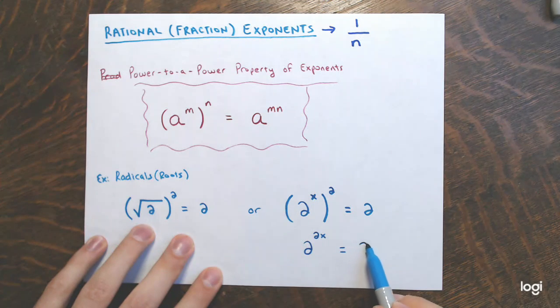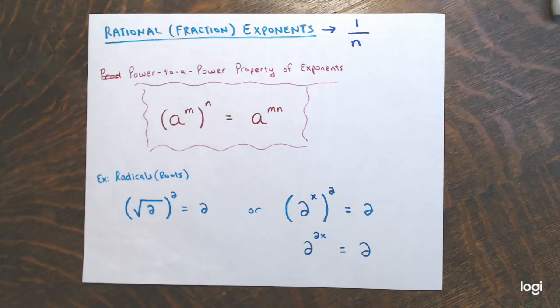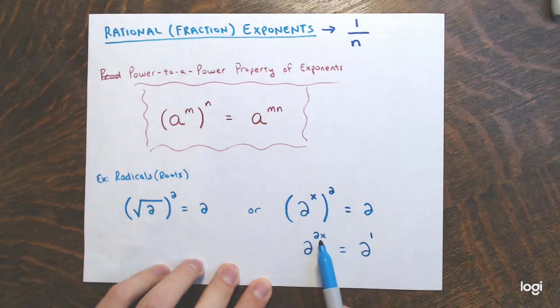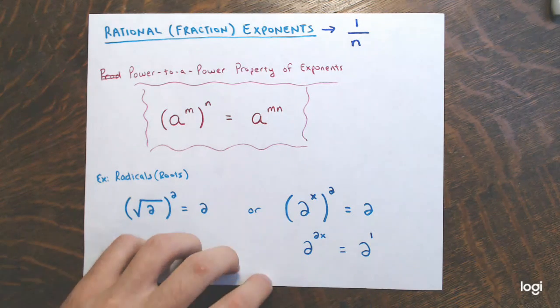And in order for that to be equal to 2, the powers need to be the same. Again, we'll get into exponential functions and the fact that they're 1 to 1 in later videos. But for right now, just know that if two expressions are equivalent and have the same base, they must also have the same exponent.